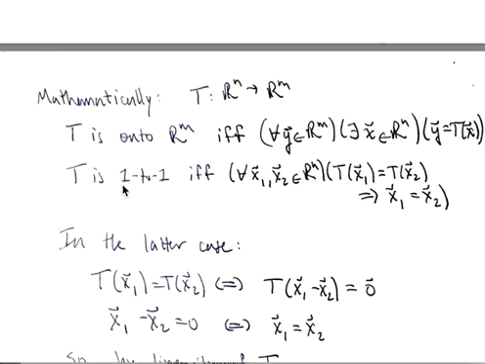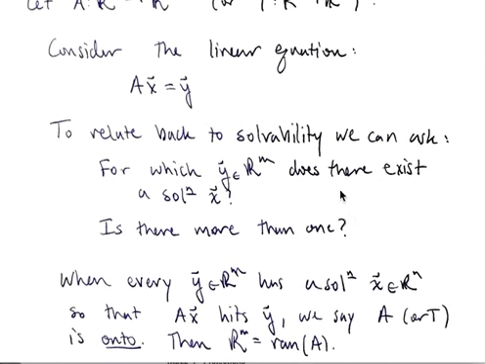Now, injective or one-to-one is often harder for students, but we say that T is injective or one-to-one if, okay, so this says any time that you have two things which are being hit. So you say T of x1, T of x2. So if this equals this, then they had to come from the same place, which is to say you can't have two distinct solutions to this equation.